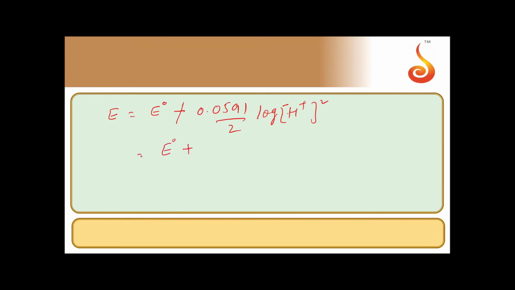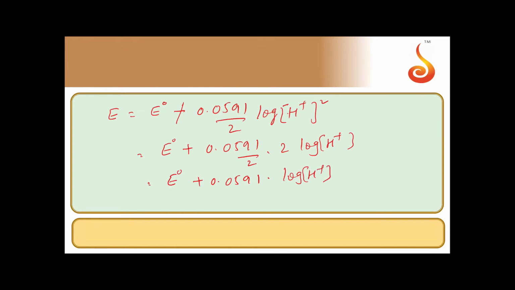So E0 plus 0.0591 by 2 into 2 log H plus, and the 2 gets cancelled here. So E0 plus 0.0591 into log of H plus will come.